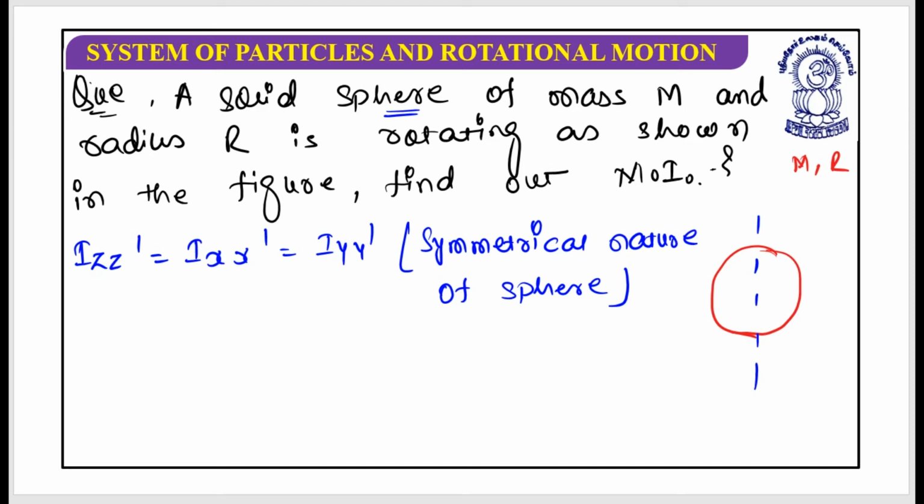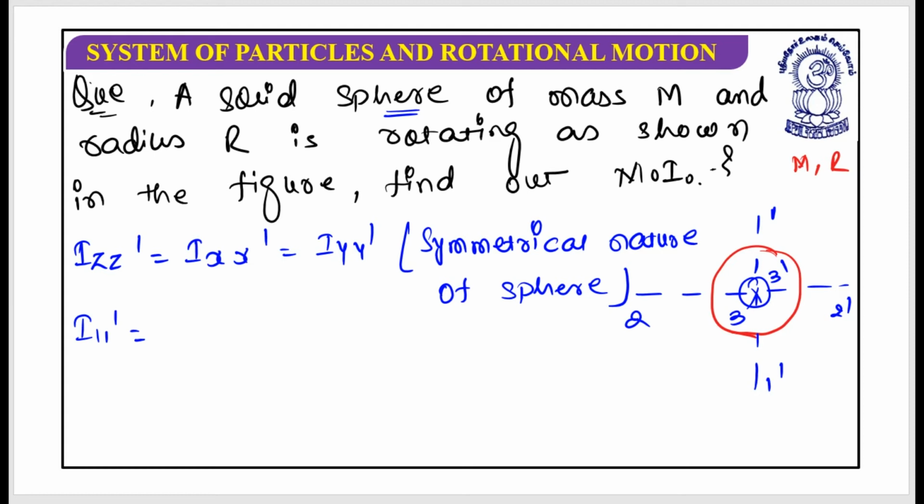So let's write this as I11 dash. When we rotate the sphere about any of its diagonals, it could be like this, or like this, or like this. Even this would be a diagonal.